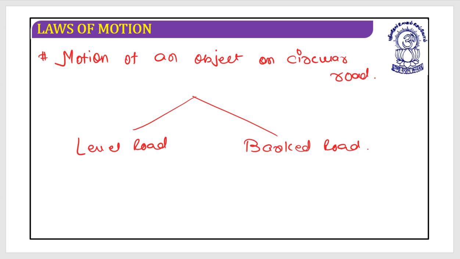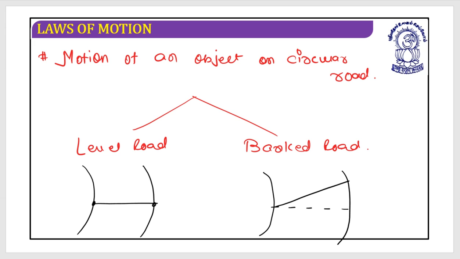When I say we are about to discuss the level road, that means let's suppose this is the circular path and you are traveling approximately on this. While when you are talking about the banked road, the situation would be something like this. This is your reference horizontal level, and the road would be something like this.